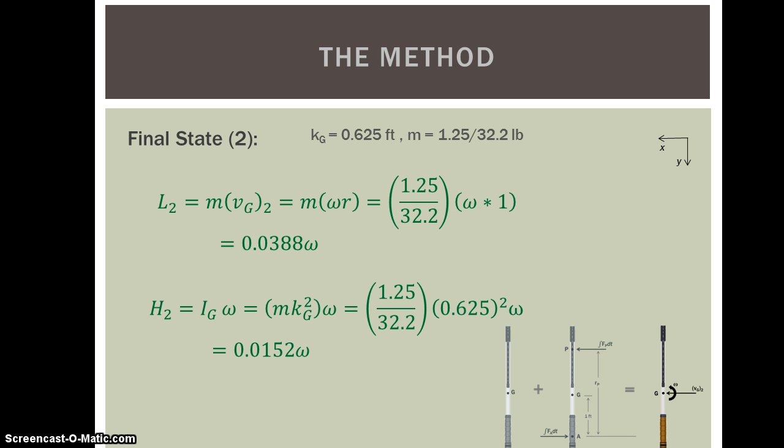And so, as we went through, we found relationships between the final linear momentum with respect to the angular velocity. Likewise, with the angular momentum, we found a relationship to the angular velocity as well.